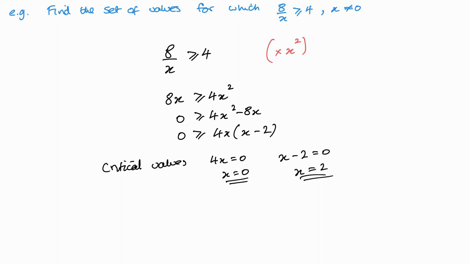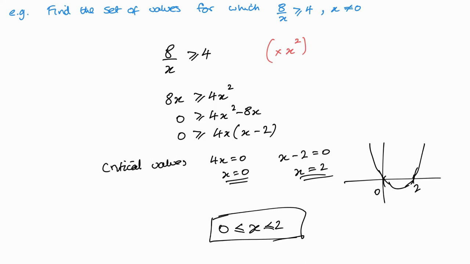So then thinking about this as positive x squared, between 0 and 2, we want when this is less than 0, so we want this bit. So my final answer here is that x is less than or equal to 2 or greater than or equal to 0.